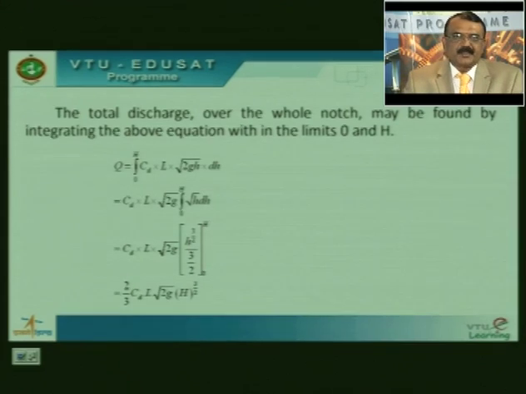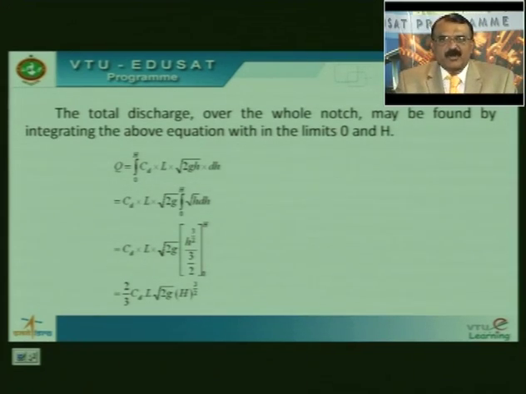Look at this. The total discharge over the whole notch may be found by integrating the above equation within the limits 0 and H. At sill level, my value of small h is equal to 0, and it reaches a maximum value of capital H at the top, at the free surface.